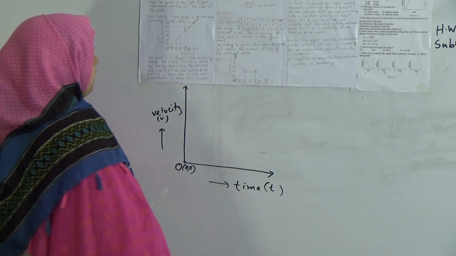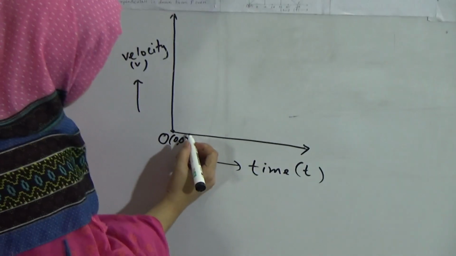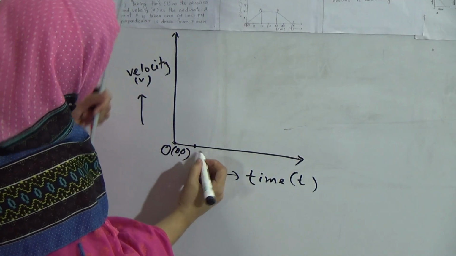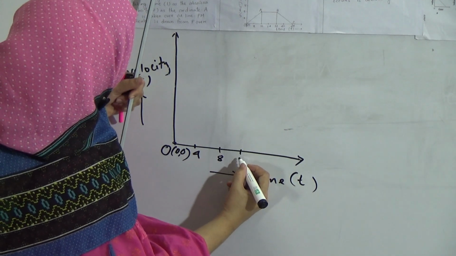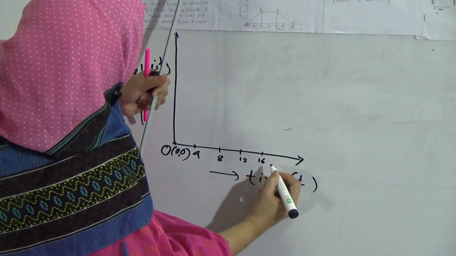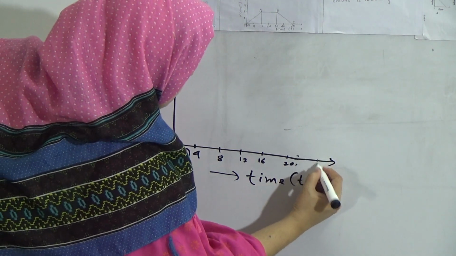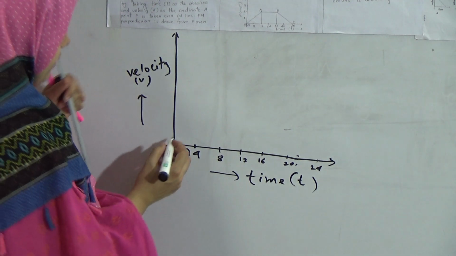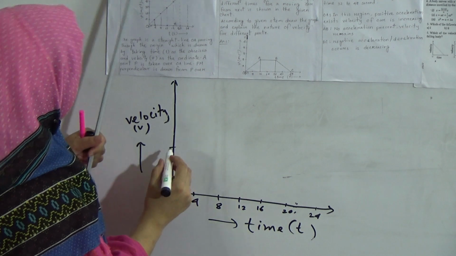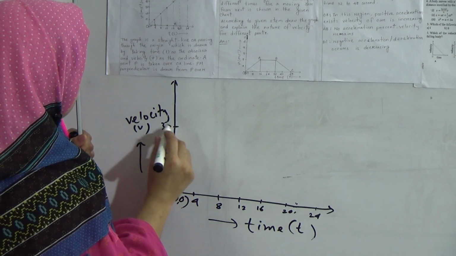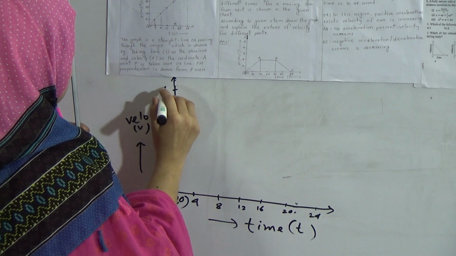Now see, from this stem, time is 0, then 4, 8, then 12, then 16, then 20, and 24, and velocity is given 0, then 10, 20, then 30, then 40, then 50 and then 60.